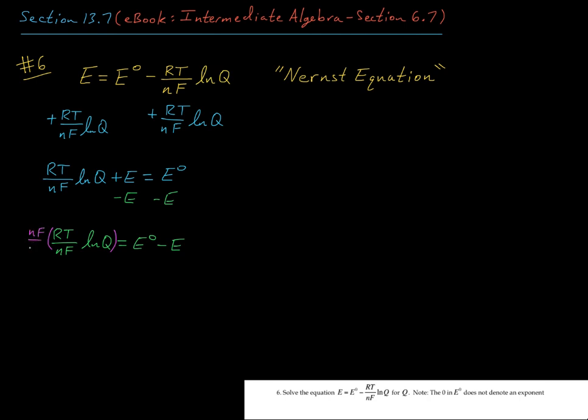So in other words, multiply by NF over RT. That'll make the algebra come out here a little cleaner.